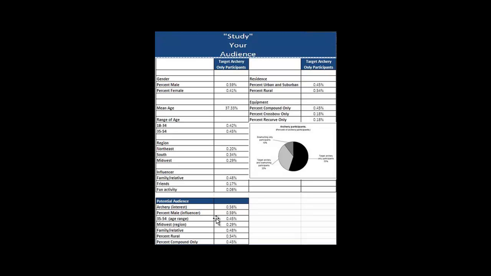The age of the mature male audience is 35 to 54. Some of you guys are going to ask me, well, why did you pick Midwest? Why didn't you pick South or something? Well, I'm going to have to make a decision on which region I'm going to target, right? Because there are millions of people in here. I don't want to blow my budget. So I'm going to have to pick.